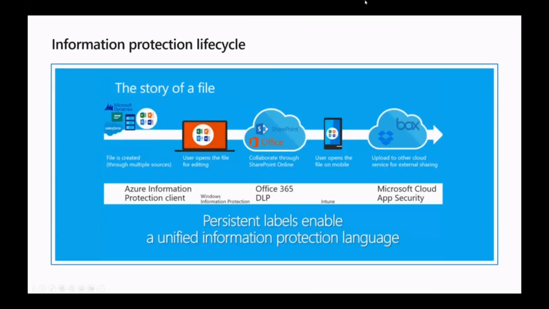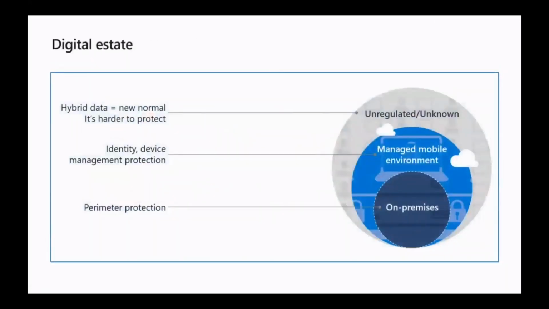But in order to do so, first you need to start by analyzing the current state of things. In this case, you need to analyze your digital state. For example, if you want to have control over your data when it resided within your boundaries, you can start by implementing perimeter protection.